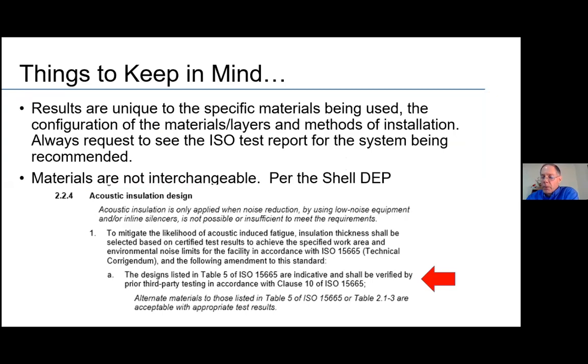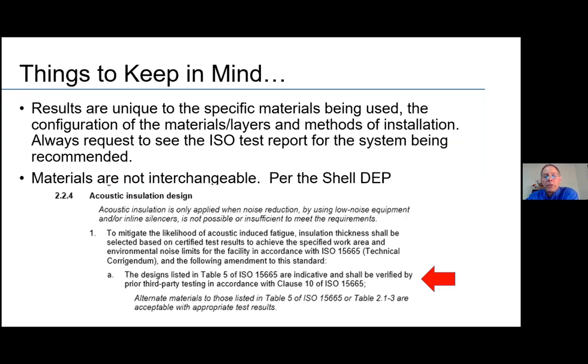Some things to keep in mind when you are looking at the systems. I mentioned a critical one when we were talking about the ISO standard: the systems that are described are not meant to be prescriptive, they're only relevant or specific to the individual materials that were part of that system.